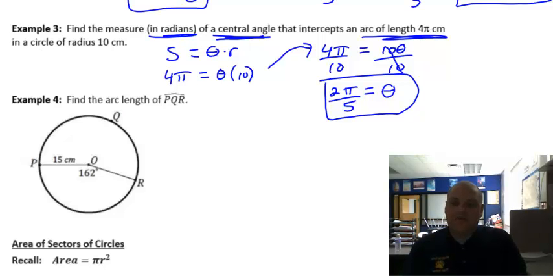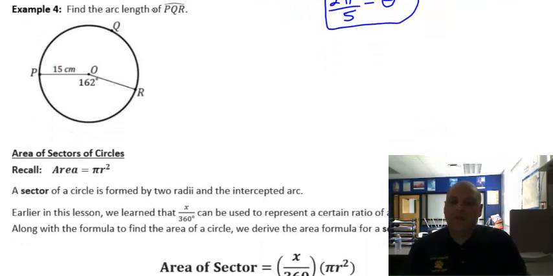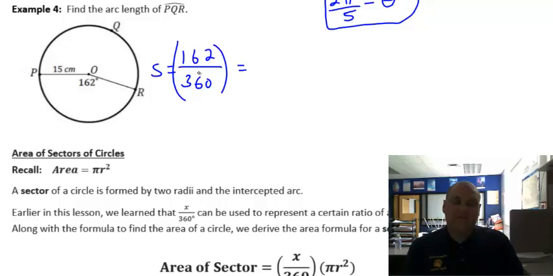This one here wants me to find the arc length, and now I'm back to degrees. So S equals 162 out of 360, just switching gears again. Put it over 360 if it gives it to you in degrees, and then times 2 pi r.